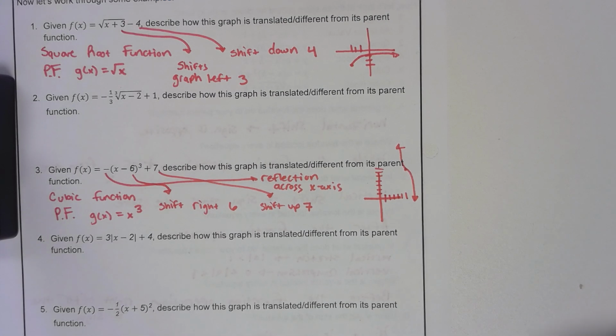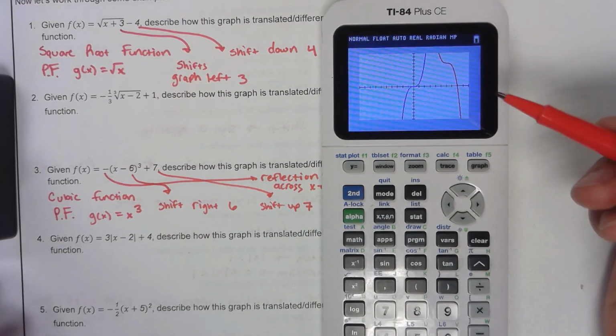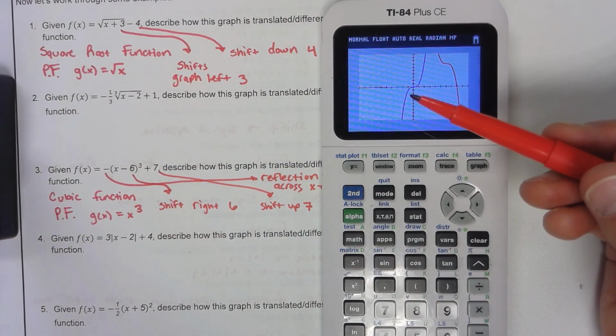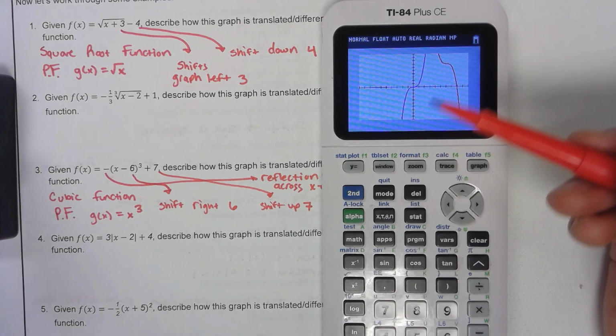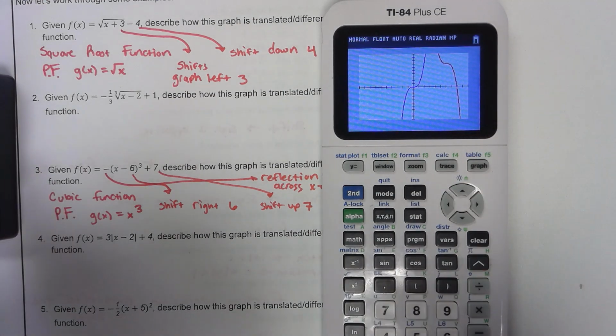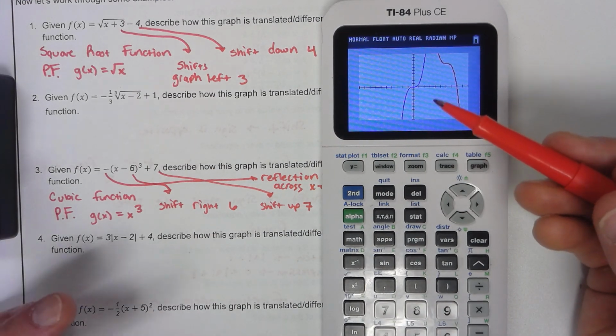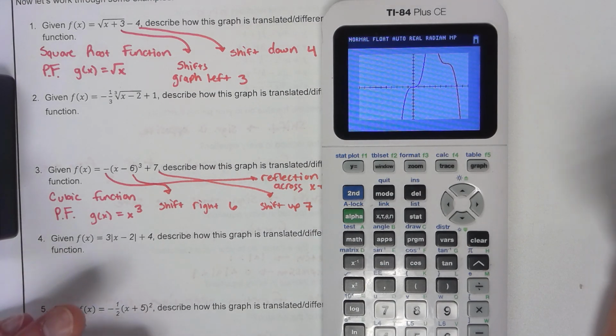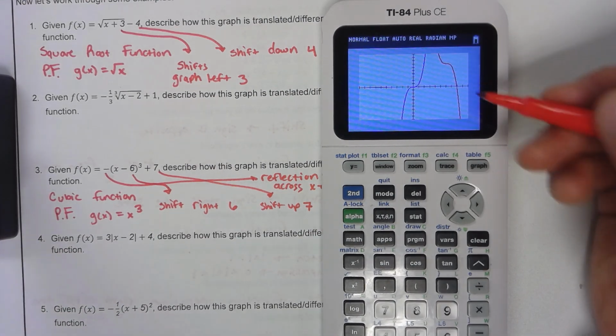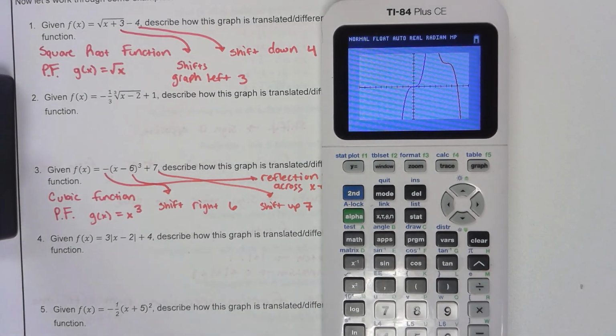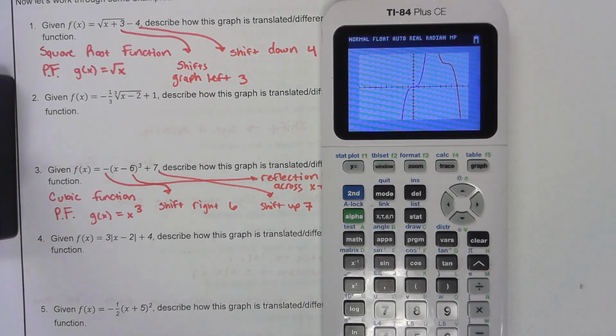The parent function is always going to have a starting point at 0, 0. For those of you that don't have the different colors, that's how you'll be able to tell. If it hasn't been moved yet, that's the parent function or your original. The one that's been transformed is the one that's been moved.